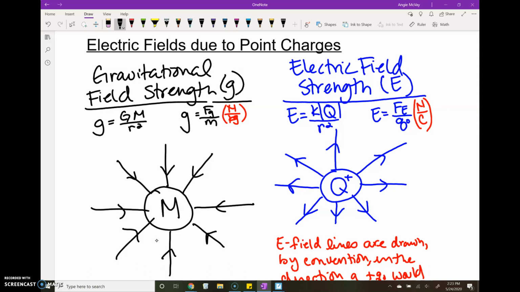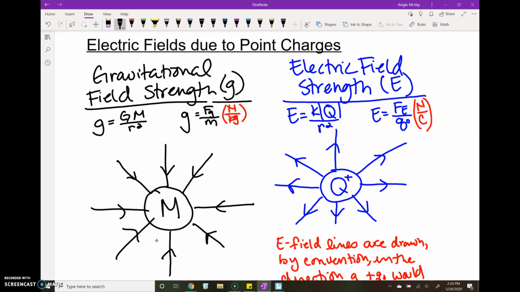Okay, and one of the things that we can do is draw those electric field lines that are in the simulation. Remember, electric field lines were drawn in the direction that a positive charge would travel in the region. Okay, so electric field lines are drawn. An attempt is made for them to be evenly spaced around a central point charge.